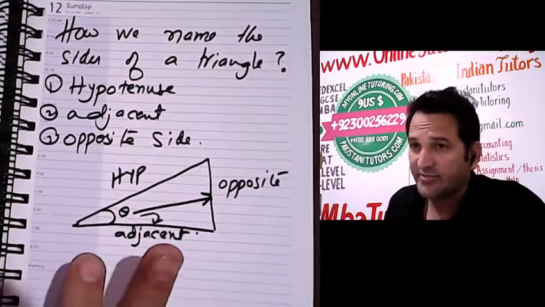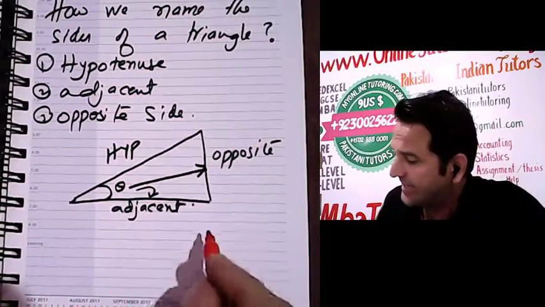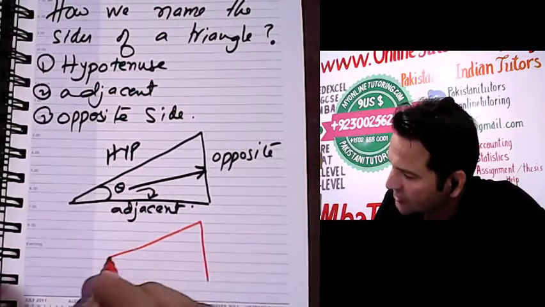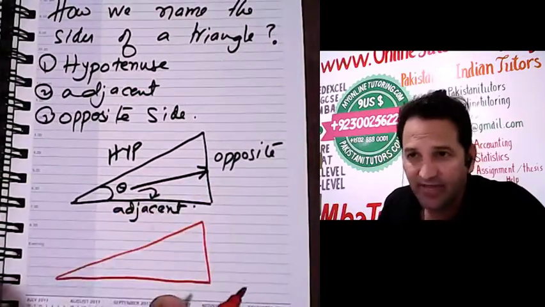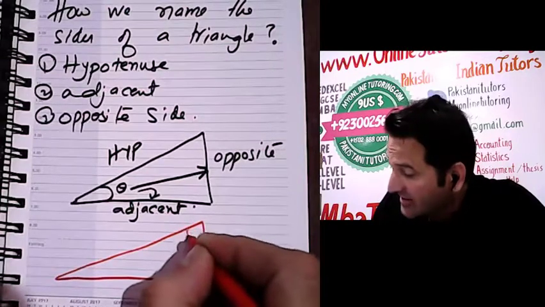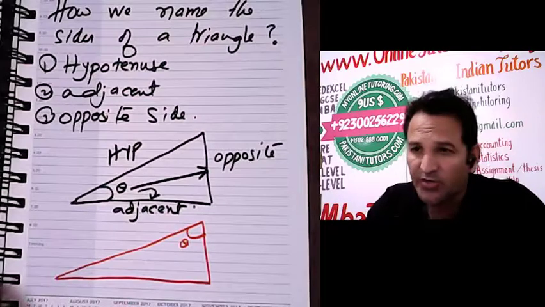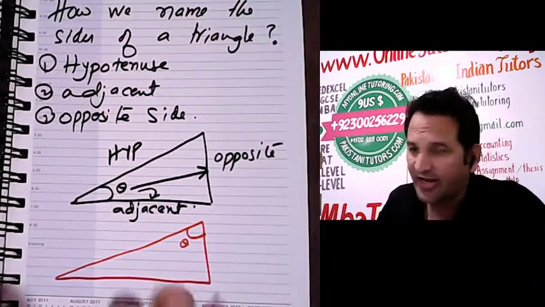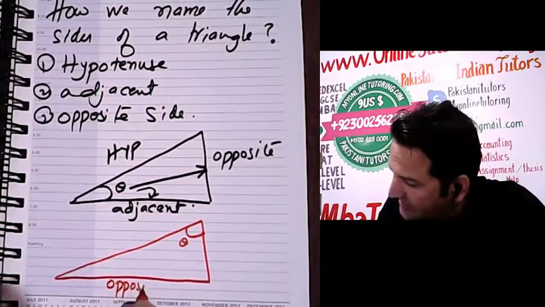To make this point clearer, I want to draw the same triangle again. The shape is the same, but now the angle under consideration, the point of view of looking at the triangle, is this angle. So this side will become the opposite side.